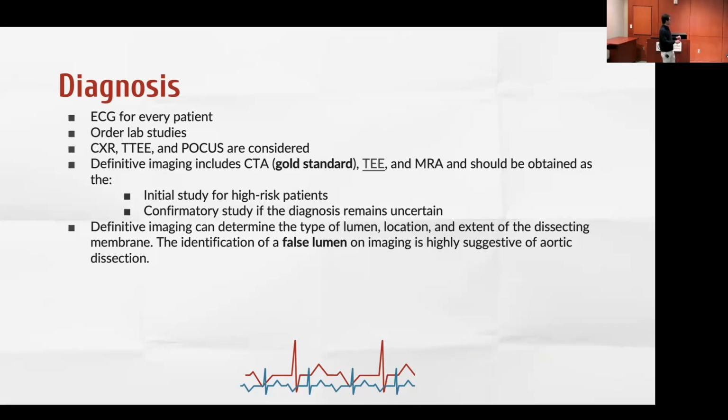Okay, we can do a chest X-ray, transthoracic echocardiogram, and point of care ultrasounds. Those will all help us as modalities for screening. However, definitive imaging is that CTA, as I mentioned, computed tomography angiography. We give them IV radio contrast agent and diagnose using a CT, basically visualizing the vessels and the anatomy of these vessels.